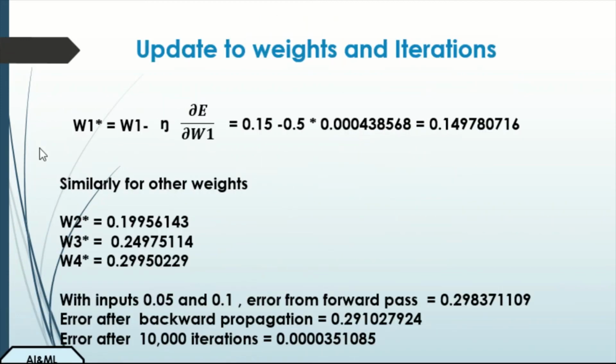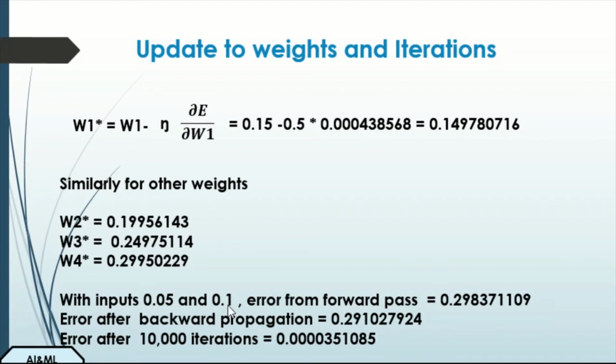So again, we can use the weight update formula to get the new weight W1, which will be 0.1497. Similarly, we'll do the same computations for other three weights, W3, W2 and W4, and we get the updated weight.